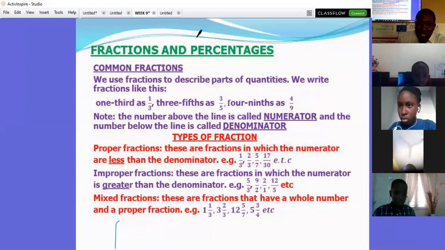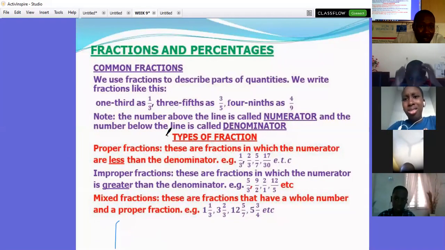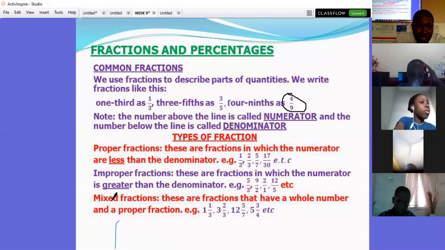So when we say 4 over 9, what's the numerator there? The numerator is 4, sir. What about the denominator? The denominator is 9. That's good. So let's move on to types of fractions.